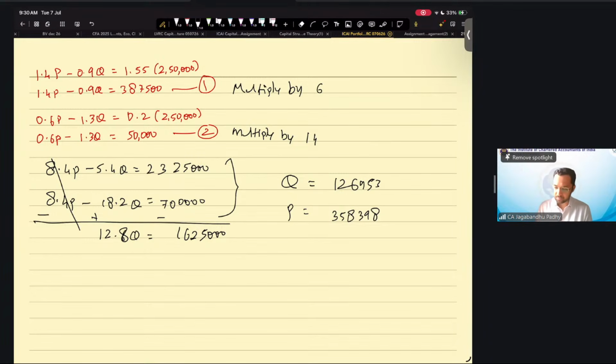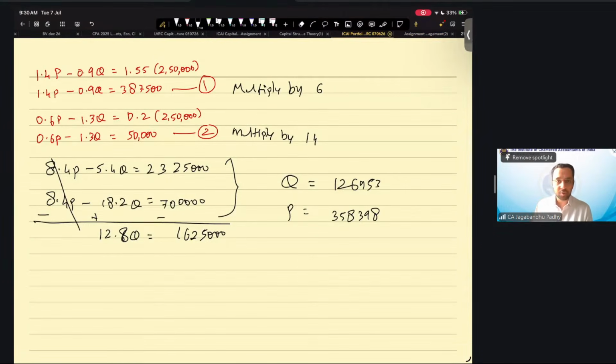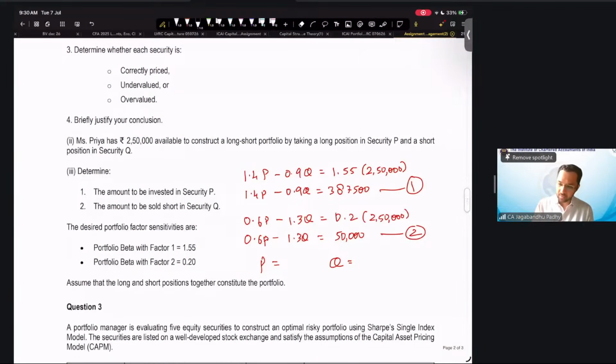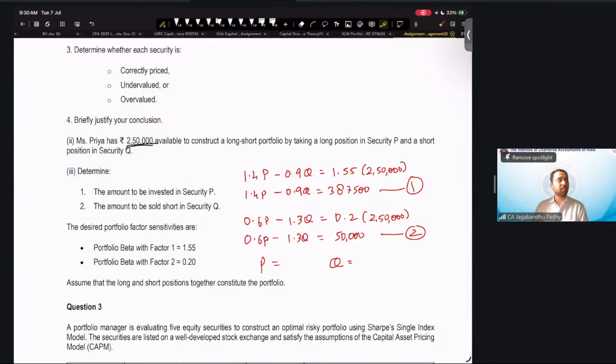Okay, but then we have one more criterion wherein we say that the total of both should be equal to 2,50,000. But the problem is, if you take a long short position and we constitute a portfolio value, it's not consistent with the values we get.